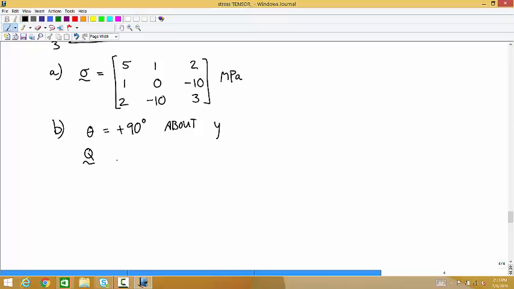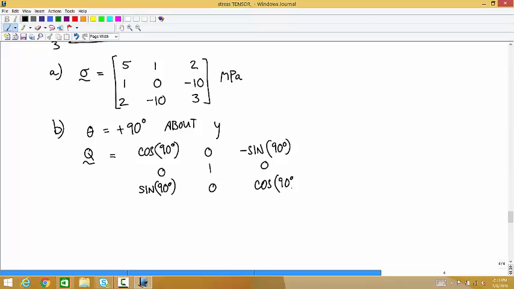So the rotation matrix is cosine of 90, 0, negative sine of 90, then 0, 1, 0, then sine of 90, 0, cosine of 90, so that's 0, 0, 1, 0, 1, 0, negative 1, 0, 0.